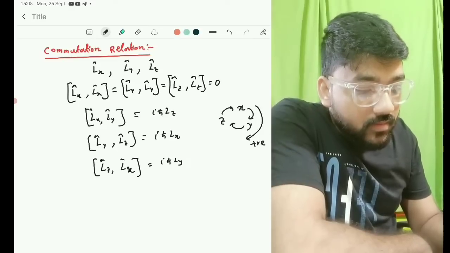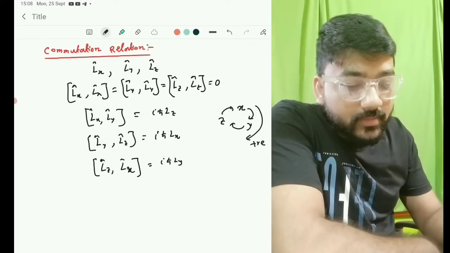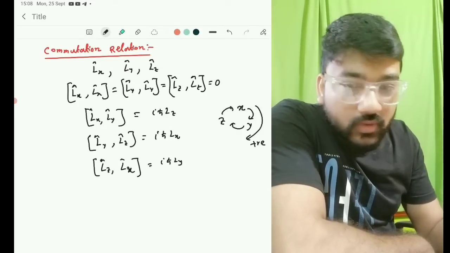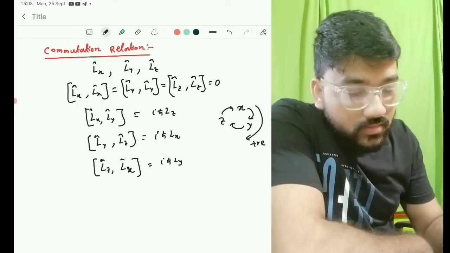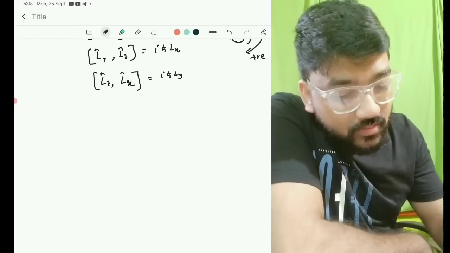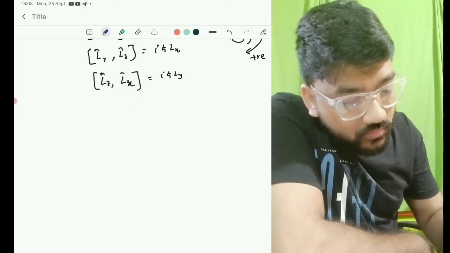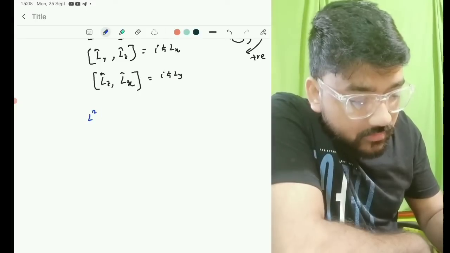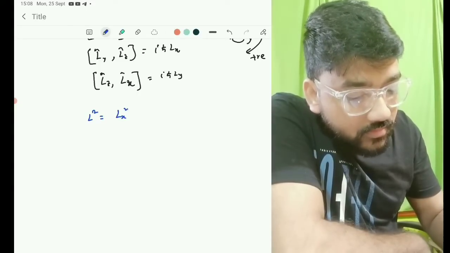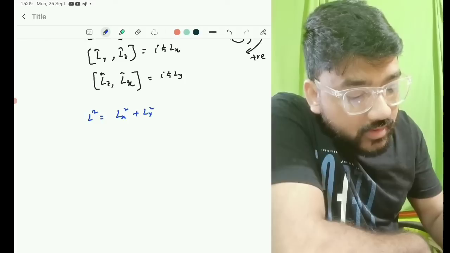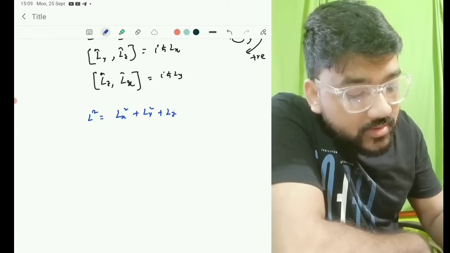Now let me tell you one more thing about the angular momentum operator, that is the L square operator. L square is nothing but Lx square plus Ly square plus Lz square.